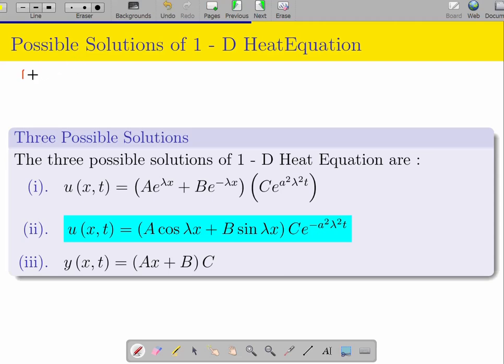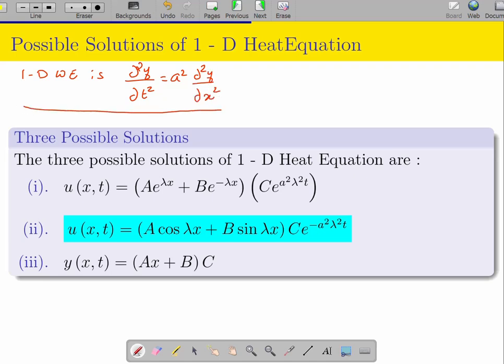So the one-dimensional wave equation is ∂²y/∂t² = a² ∂²y/∂x².